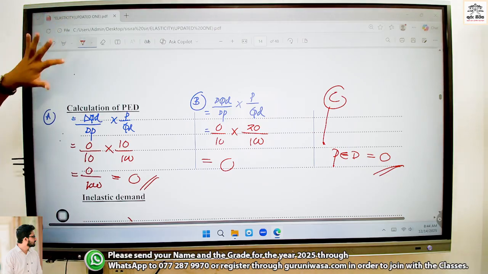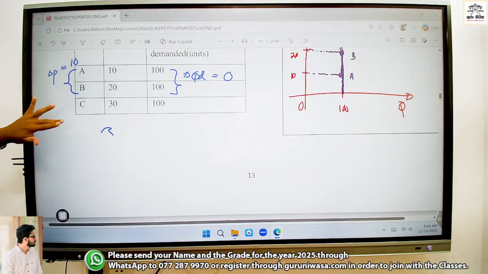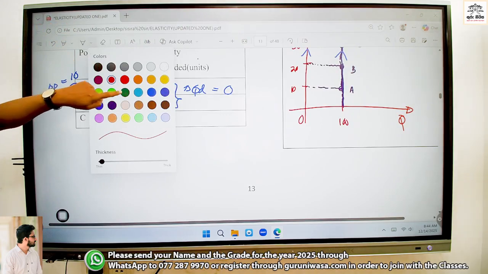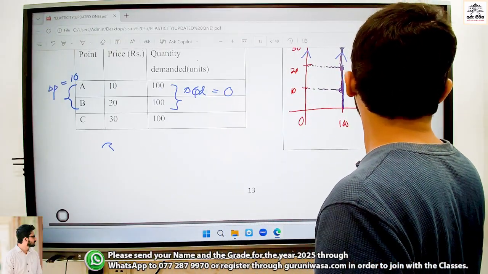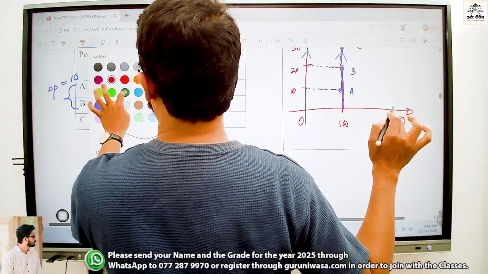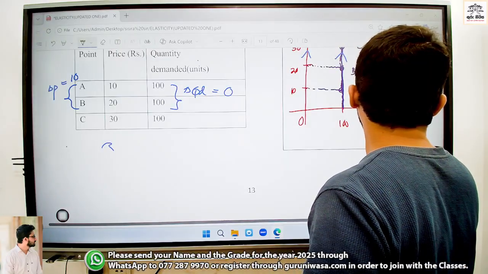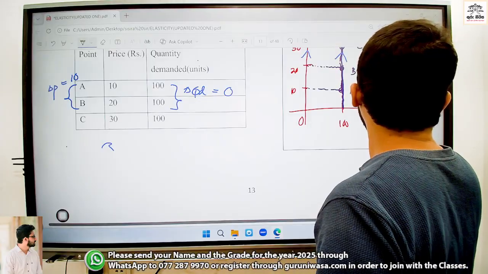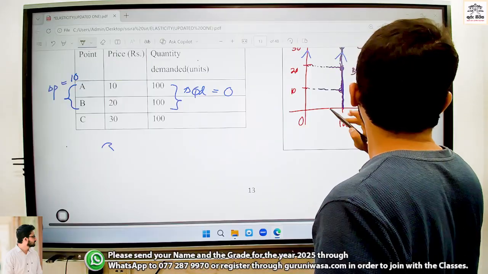Write down the PED value at point A: 0. At point B: 0.